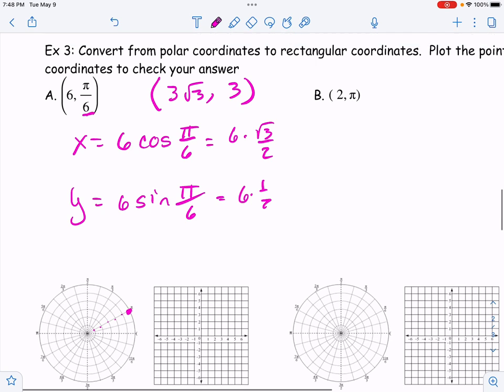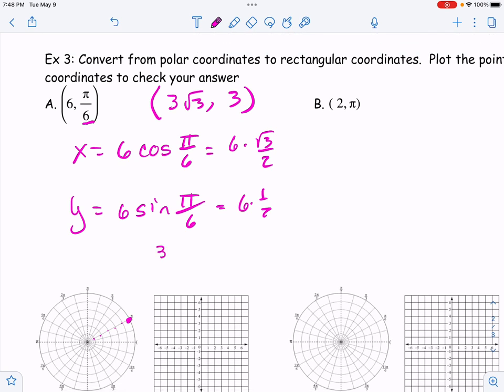If I do this, 3 root 3 is equal to 5.1. So 1, 2, 3, 4, 5. Are the dots in the same spot? If I pick this circle up and set it on top so that the pole was at 0, 0, the dots would be in the same spot. Okay? So we did it right.